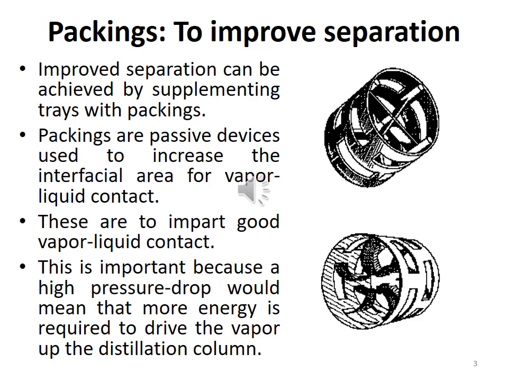So it means these packing materials involve low pressure drop, so it's easier to move the vapors through the distillation column. Less energy will be required, so these packing materials are considered energy efficient. In this way, when we add this packing material to the trays, the overall separation efficiency will be enhanced.